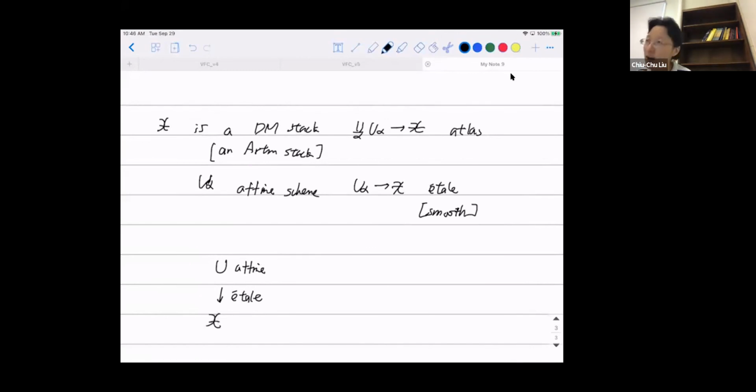So on X we have phi. Then we can pull this back and we get phi_U, E_U, and L_U. This is all on some affine scheme, and we want to describe this.